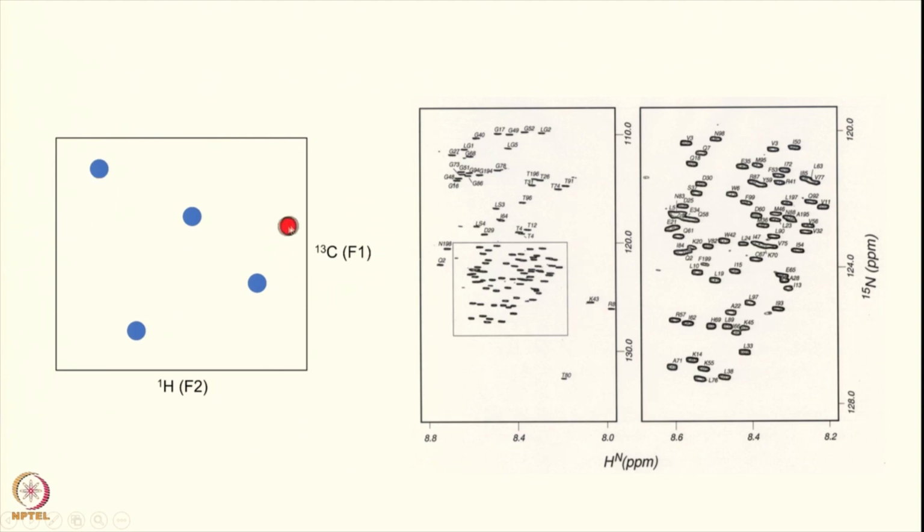Now here I have shown you the schematic with regard to the carbon, but you can also have the nitrogen here, and typically in the case of proteins we do proton N15 correlations. These are all one bond couplings.